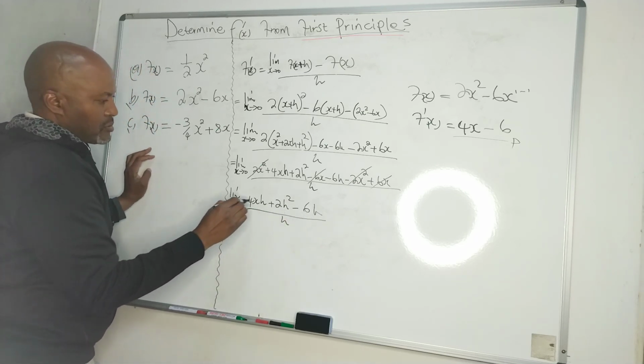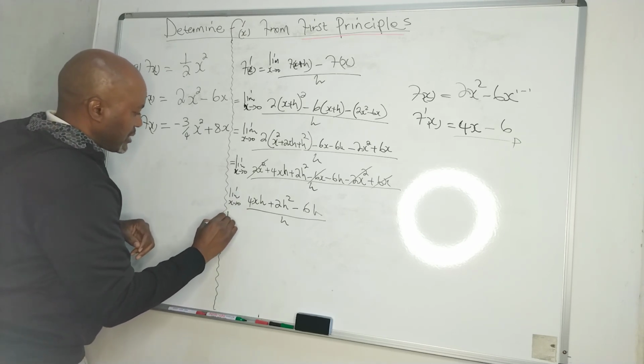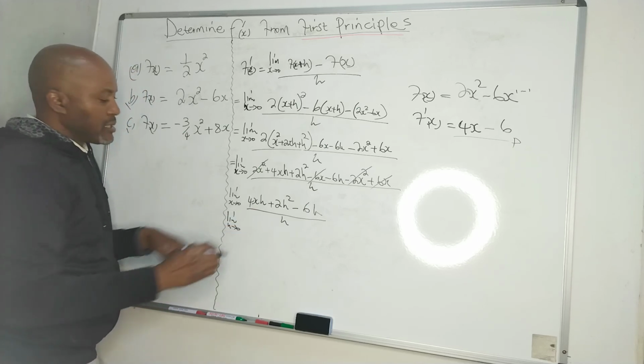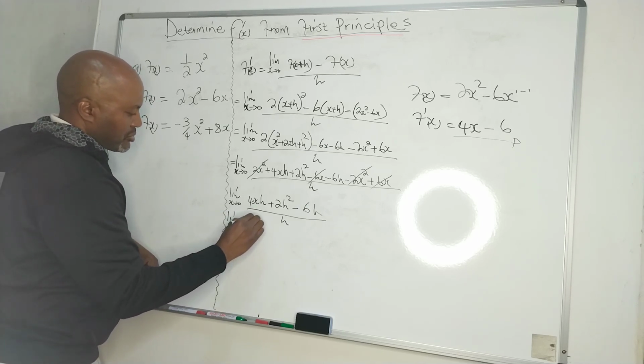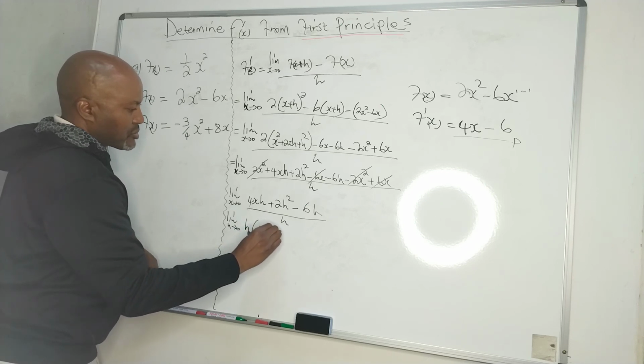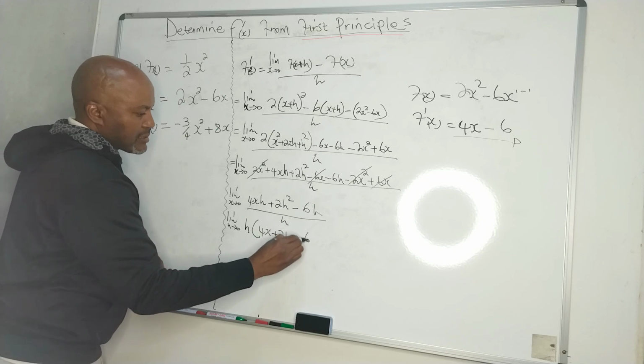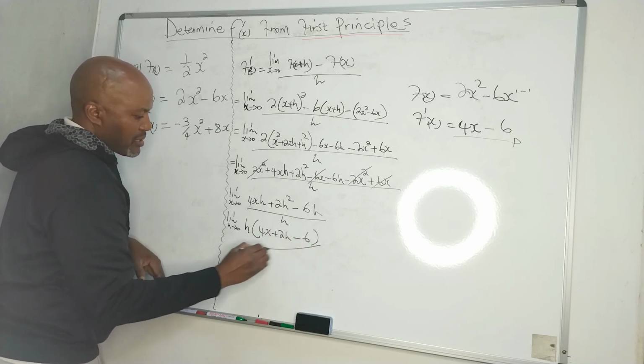Then you take a common factor, right? The common factor here is h. Remain with 4x plus 2h minus 6 all over h.